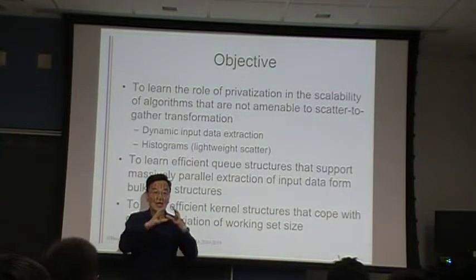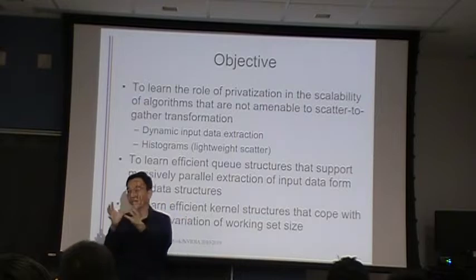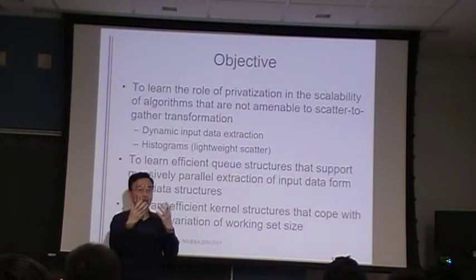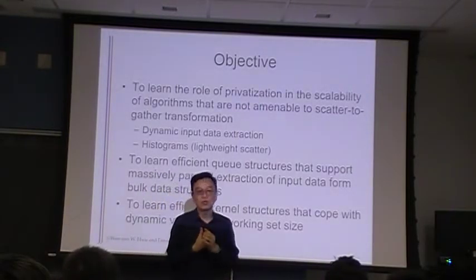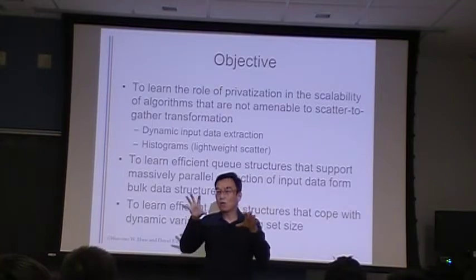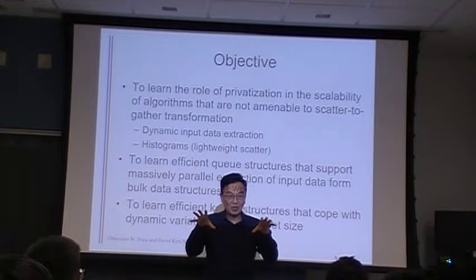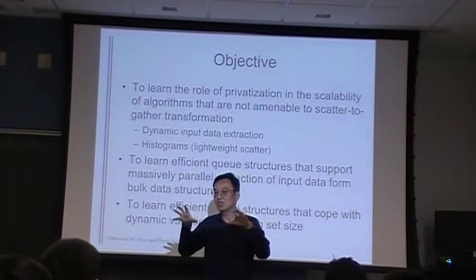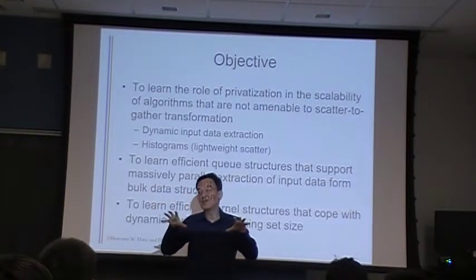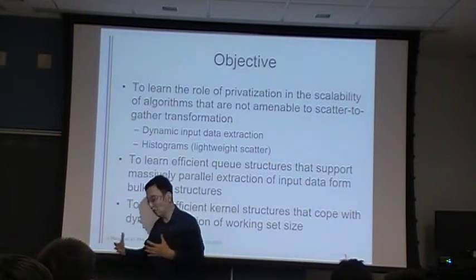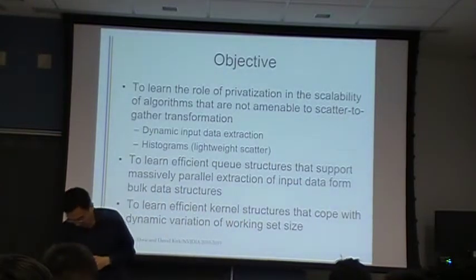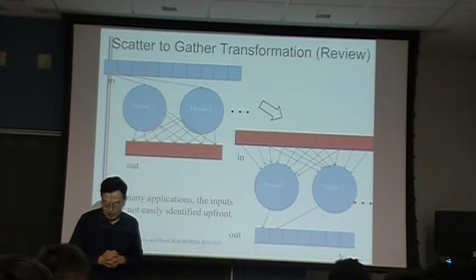Are you in a less parallel phase or in a more parallel phase? So this also begins to get into the point where we need a different organization or arrangement of your code in order to handle this dynamic variation of the data that you need to process.